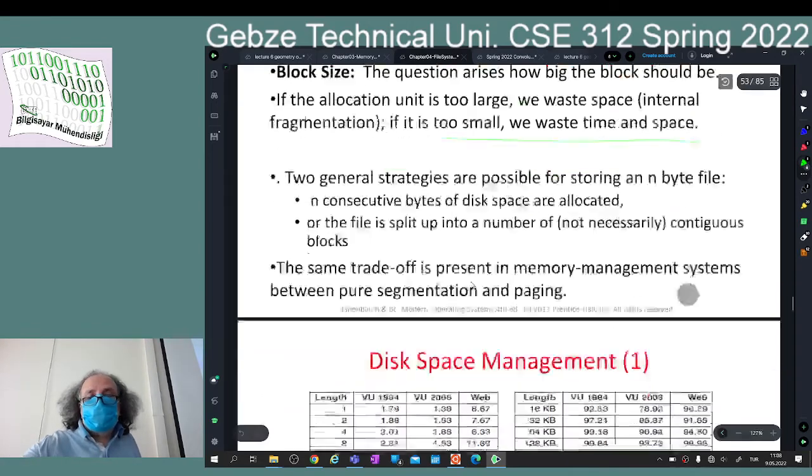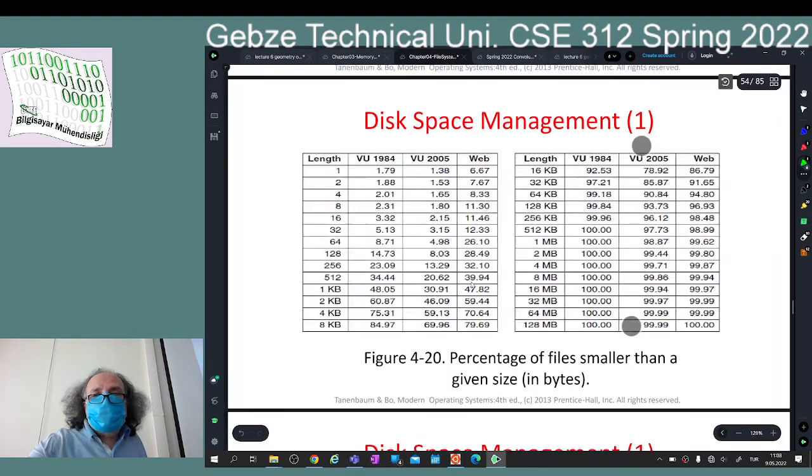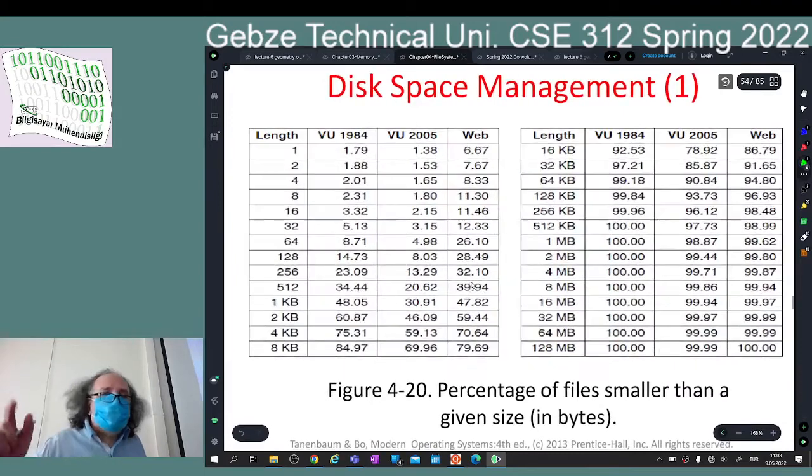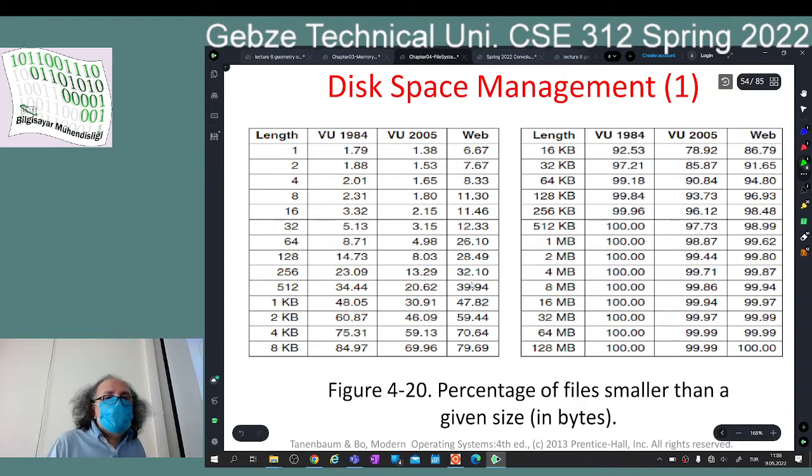Regarding the block size. One thing is that every day we have more need for secondary storage. This table is very old, but it shows you the tendency. The authors of this book say that they had this university system, VU.